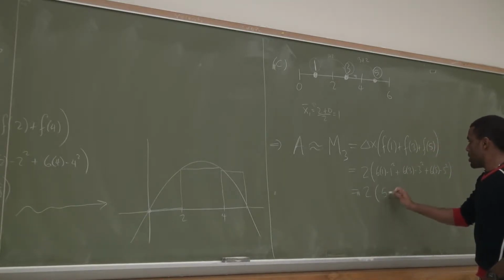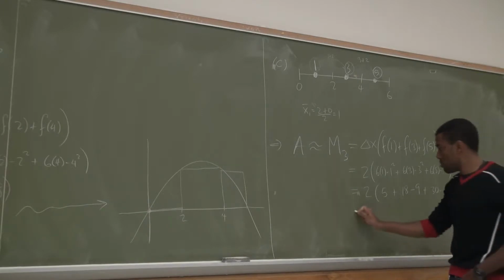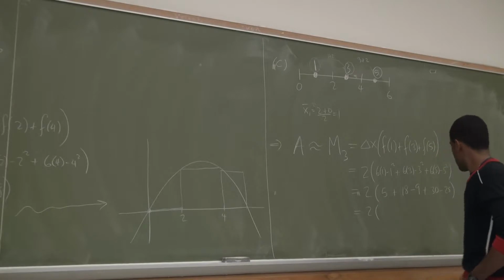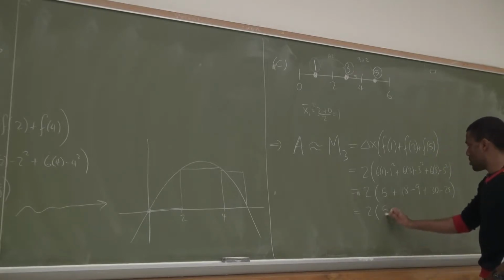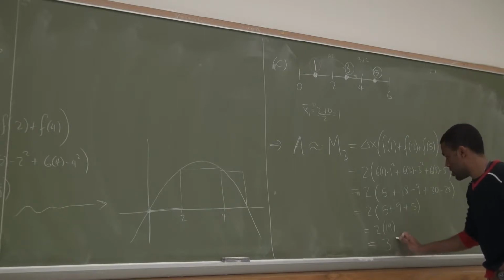This is 5 plus 18 minus 9 plus 30 minus 25. 5 plus 9 plus 5. That's 2 times 19, which is 38.